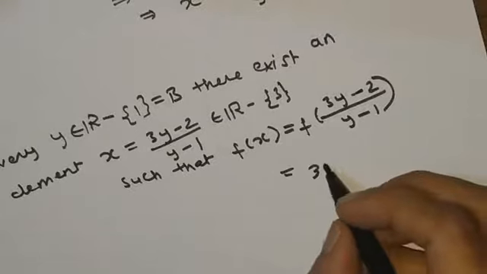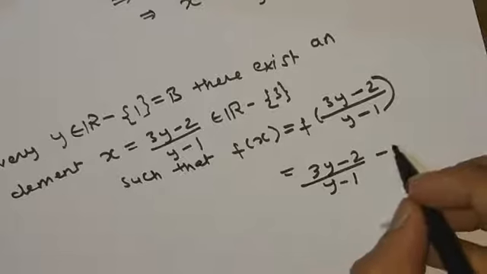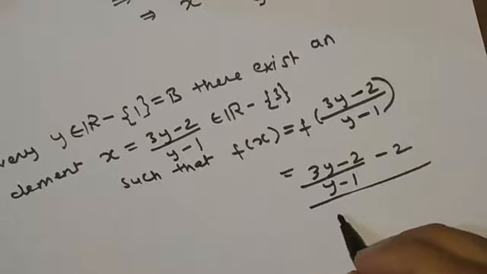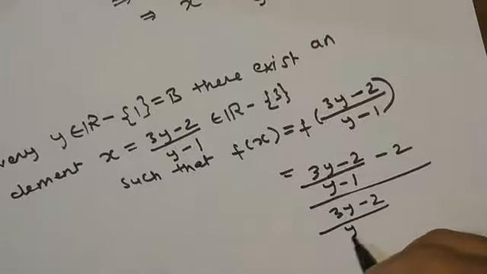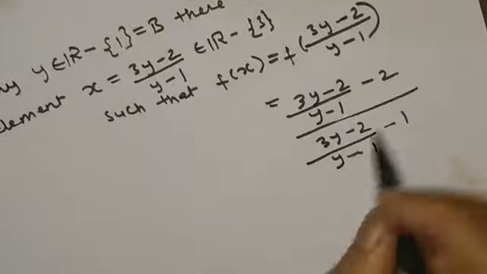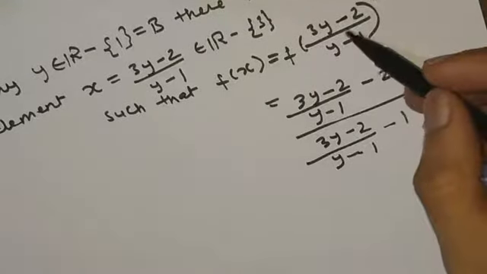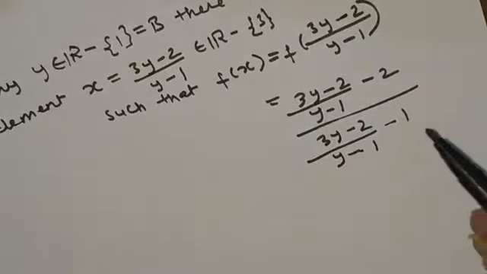So you will get ((3y minus 2) divided by (y minus 1) minus 2) divided by ((3y minus 2) divided by (y minus 1) minus 3). We have to just replace x by this quantity in the definition of the function f(x).